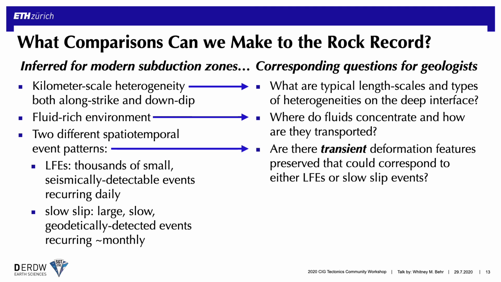And in terms of trying to match the spatiotemporal characteristics of ETS, this is really quite challenging because geologic features are notoriously difficult to interpret when it comes to rates. But we can at least look for examples of captured transient deformation processes or features that deformed faster than the background steady state, and try to speculate on how those events could scale both spatially and temporally with LFEs and/or slow slip.